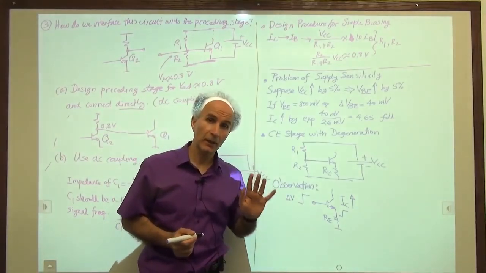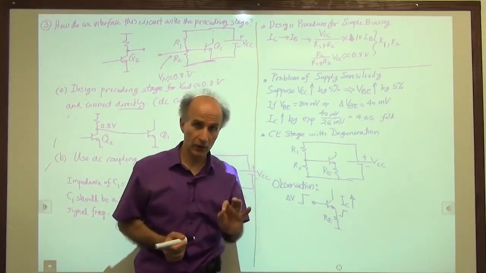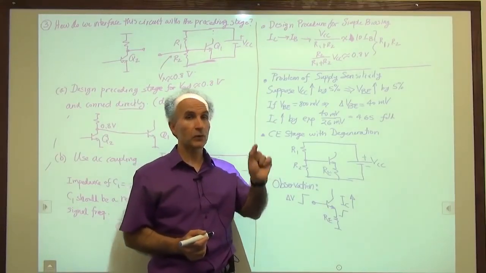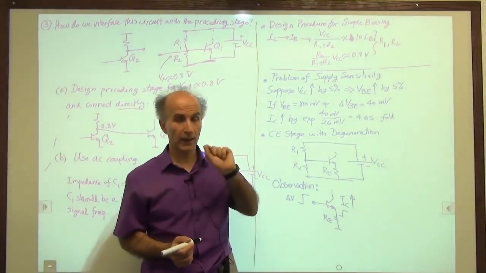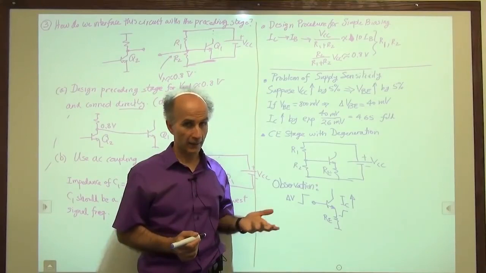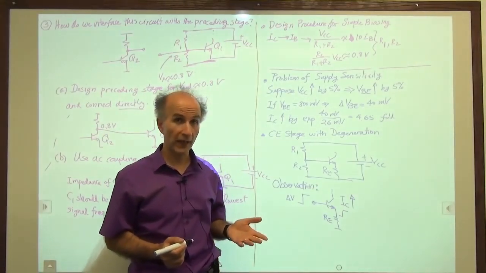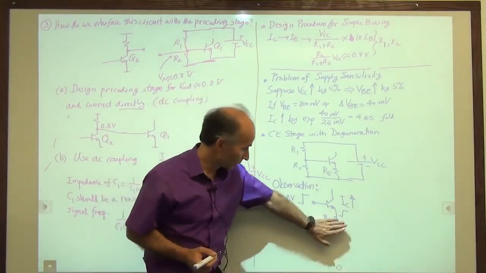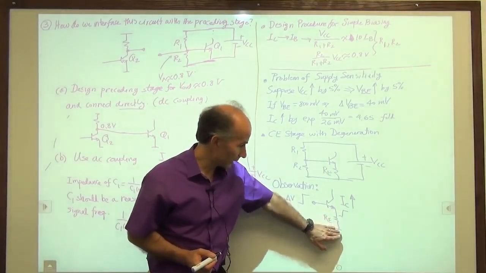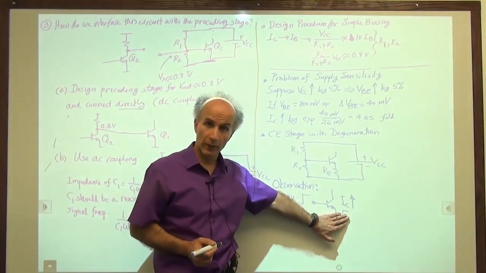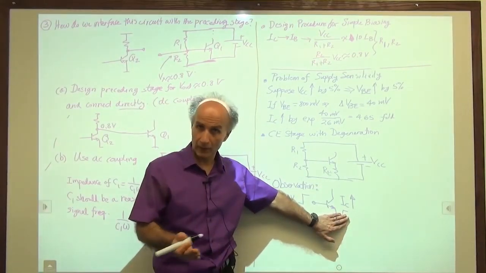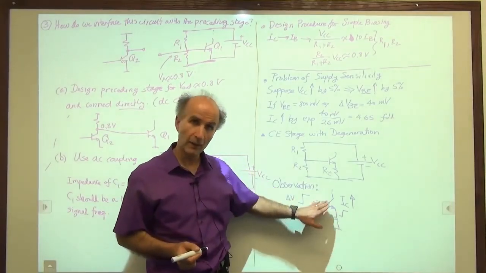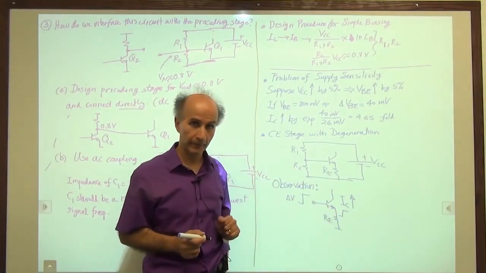In a common emitter stage with degeneration, if the base voltage goes up, the emitter voltage has to go up. And that's, of course, in contrast to when we have no degeneration and the emitter is connected to ground. When the base goes up, the emitter doesn't go up. The emitter is tied to ground. But here, the emitter voltage has to go up.